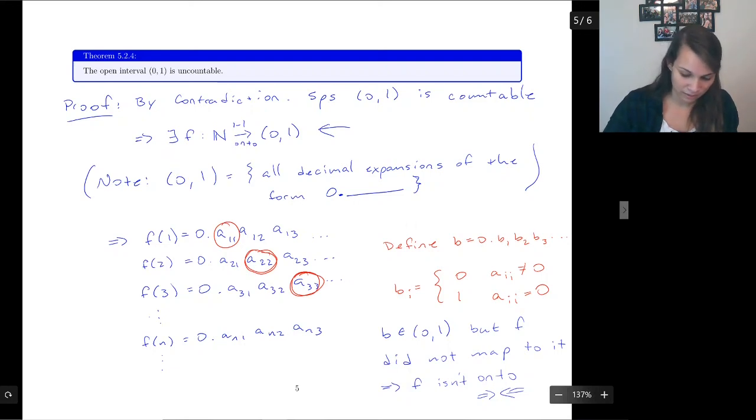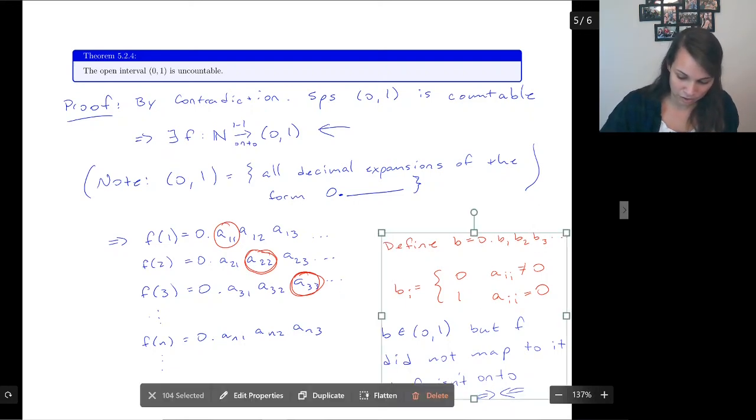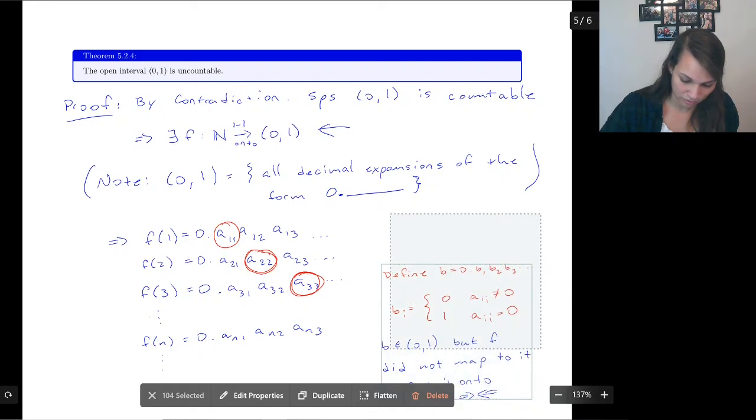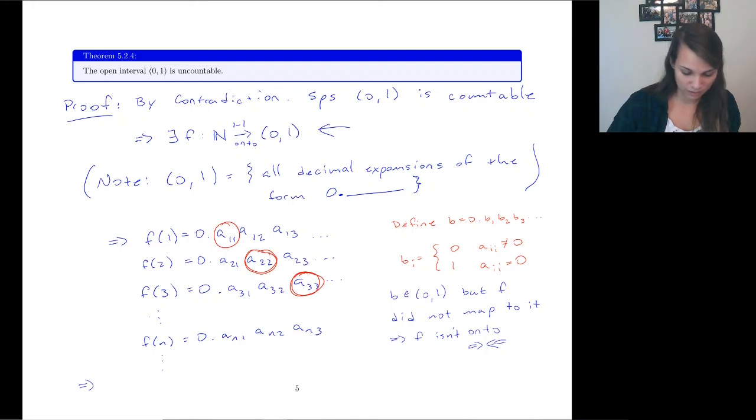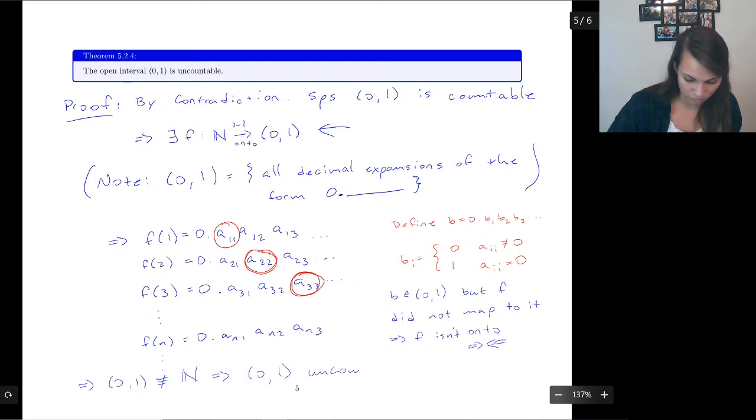So basically, what this boils down to is no such f can exist. Since no such f can exist, that means that 0, 1, that interval is not going to be equivalent to the natural numbers, which means that 0, 1 is going to be uncountable.